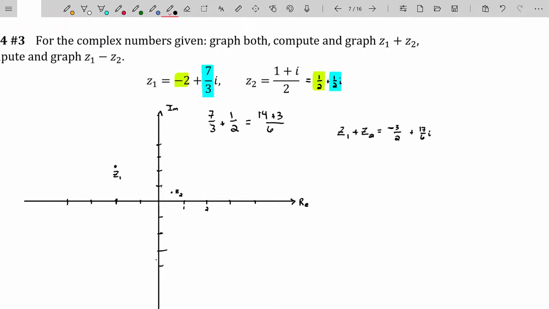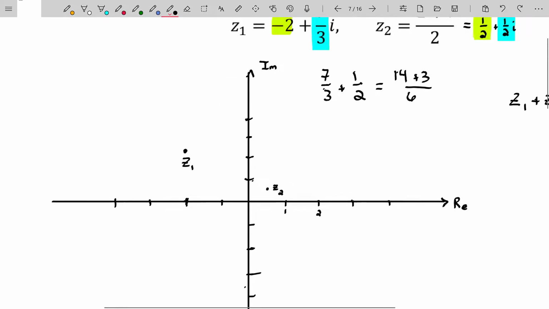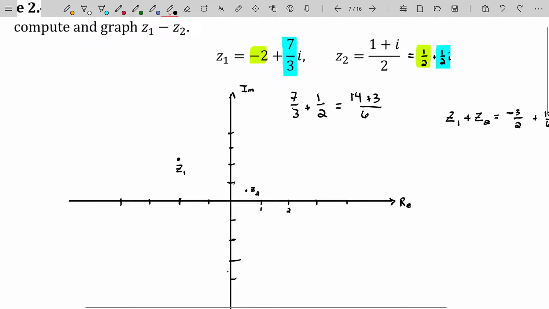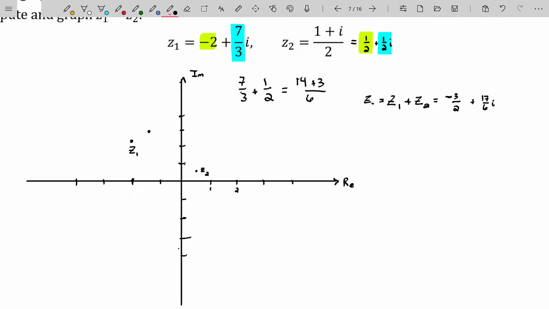And now we're going to plot that, -3/2 plus 17/6 i. -3/2 is right around here, that's negative 3 halves. And up 17/6, that's almost all the way to 3. So I'm going to plot that right about there. That is going to be the point z3, which is the sum of z1 and z2.